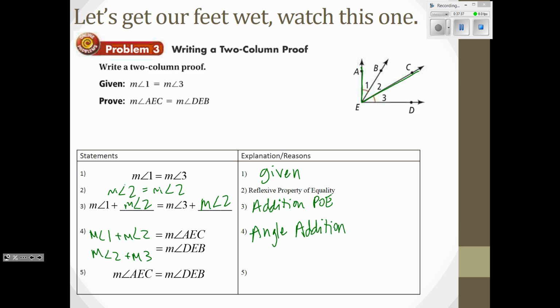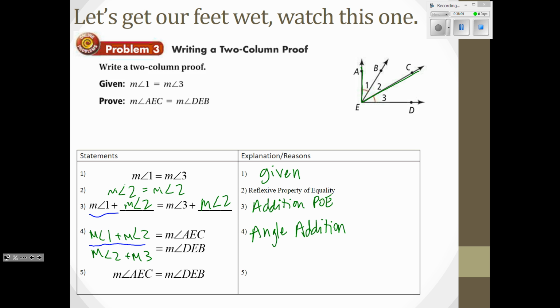Now, how do we get to the last line? That's our proof statement. That's our goal, so we're done. But we need to be able to justify what happened. So how do we go from this line to this line? Let me ask this. Do we see the measure of angle 1 plus the measure of angle 2 anywhere else in our proof?